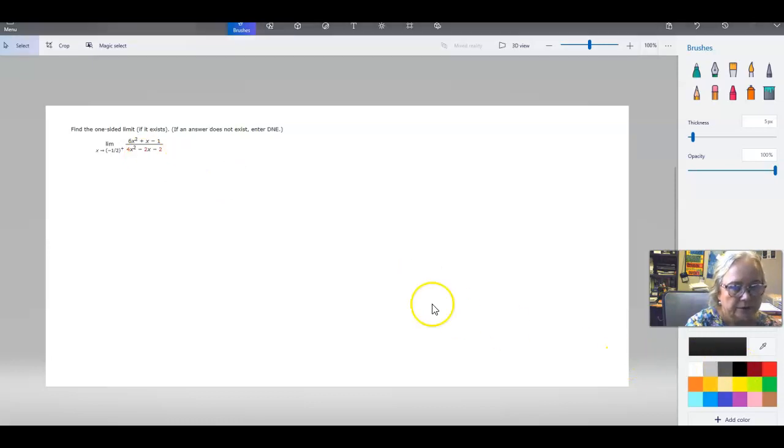Please understand that when you are asked to find a limit, the first step is to plug in this number, in this case negative 1/2, into the expression. Once you plug in and calculate the numerator and denominator, you will find quickly that the denominator is 0 in this case.